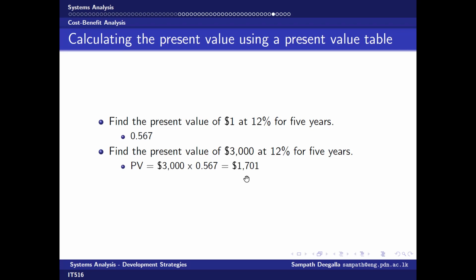I hope you got my point now. And you have to have 0.567 today to get $1 for 5 years with a 12%. That is the value for today.